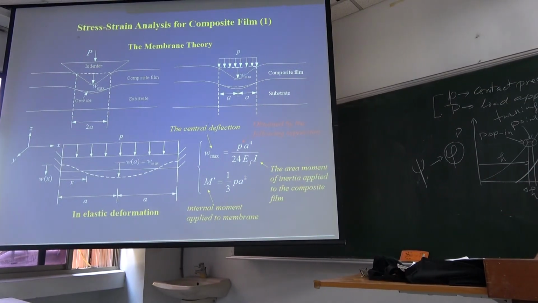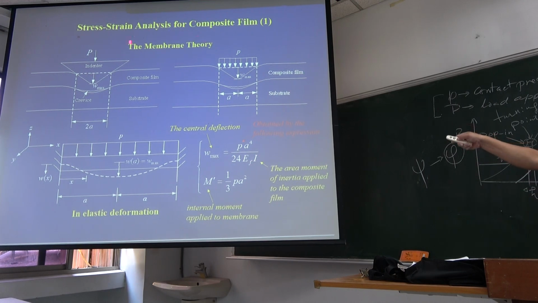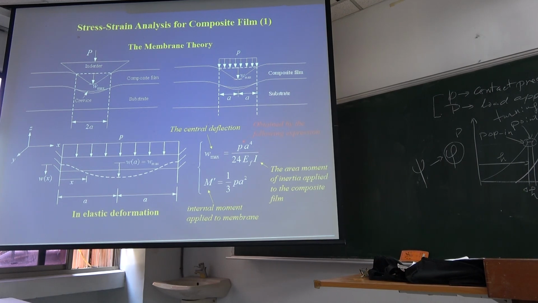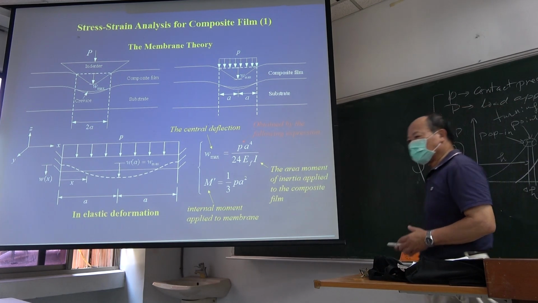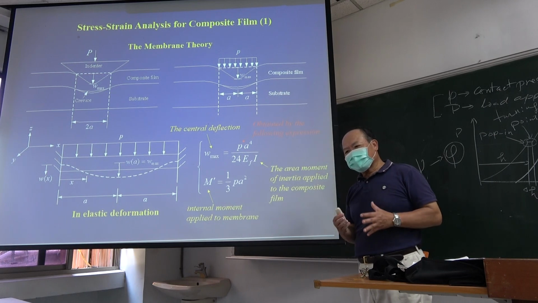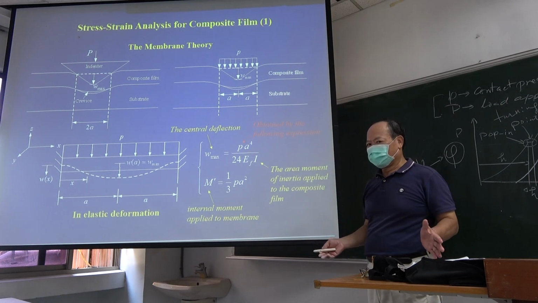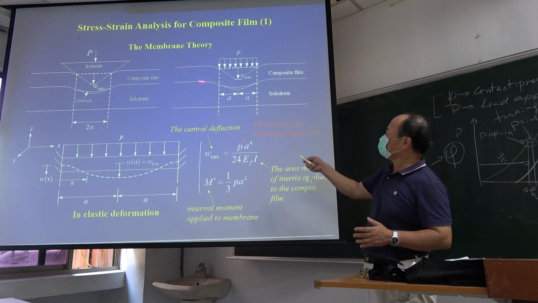So these are just two equations I obtained from the membrane theory. Now we try to establish the simple mechanism. This simple mechanism is not difficult, and it is available from our membrane theory.